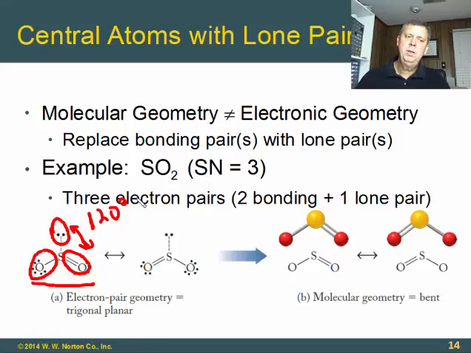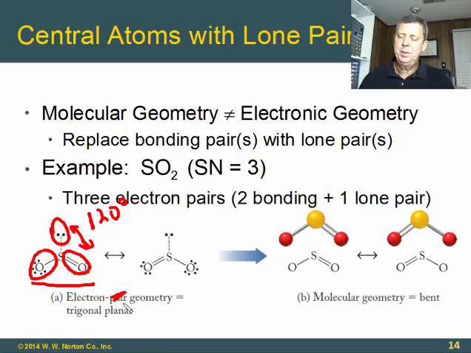So the lone pair oxygen bond angles will be more like maybe 122 degrees or so. The oxygen-oxygen bond will be maybe 118 or so, a little bit less than 120, but still it's basically a trigonal structure. So again, over here is the electron geometry, or again, they call it electron pair geometry.